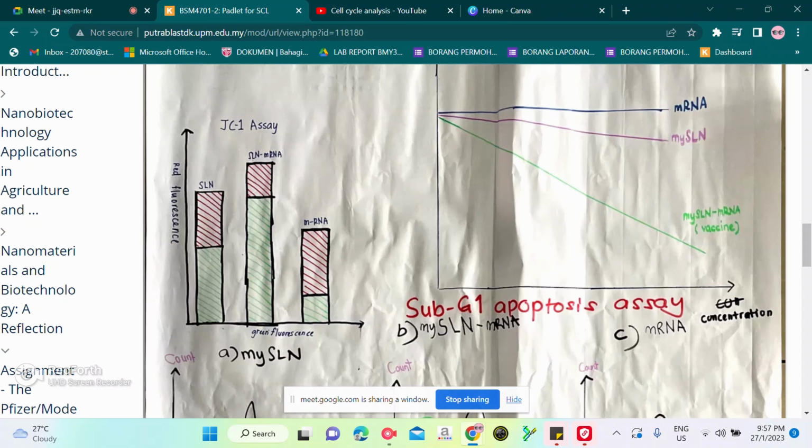For the SLN mRNA, it is a nanoparticle, so the protein will be inside the SLN, and when the protein is inside the SLN, the apoptosis is less, which means the untreated cells are fewer. The result is that the red fluorescence is less and the treated cells are many, so we get high green fluorescence in SLN mRNA.